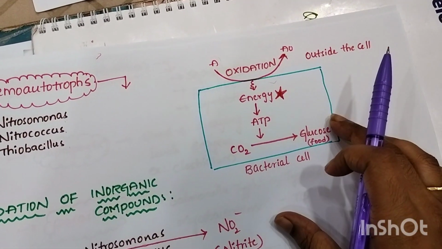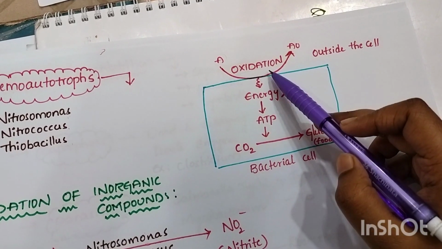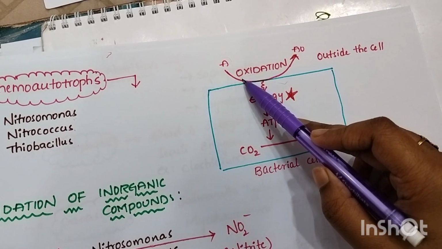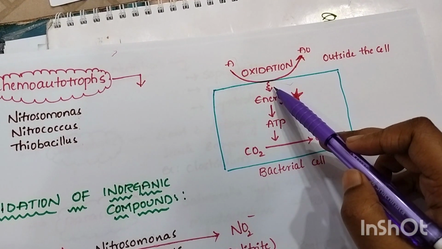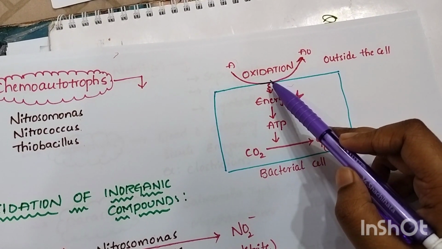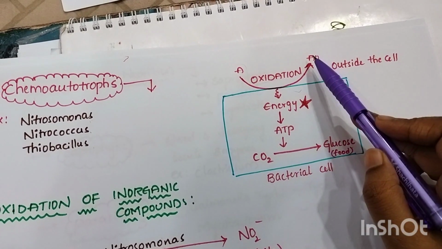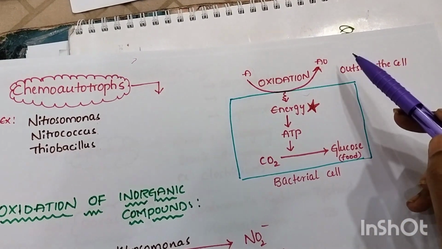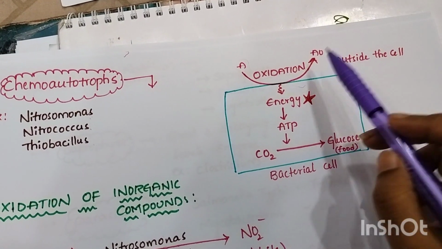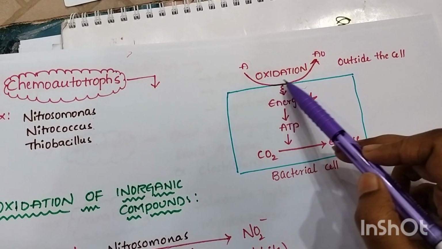See, this bacterial cell actually does a process called oxidation. So this bacterial cell oxidizes the inorganic compounds like ammonia, nitrates, and nitrites. They do this process called oxidation.